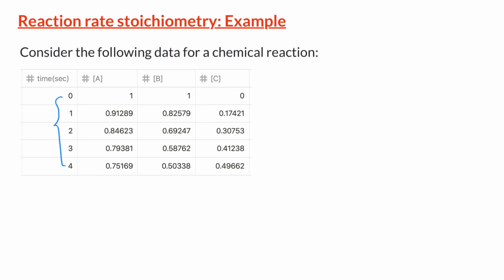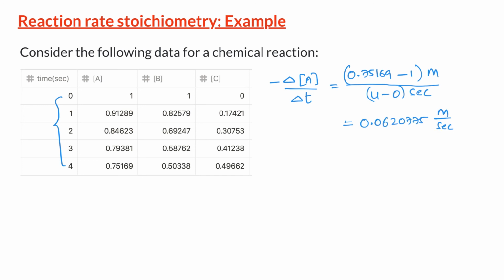Next, let us calculate the rate of disappearance of A, that is minus delta A over delta t, which is equal to the concentration of A at 4 seconds, that is 0.75169 molar, minus the concentration of A at 0 seconds, 1 molar, divided by 4 seconds minus 0 seconds. If we do the math, we get 0.06 moles per liter second.